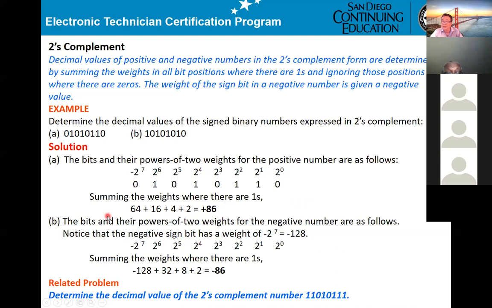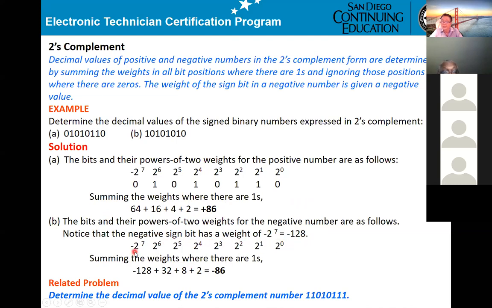And now, the only thing is we really deal with a negative. The bits and their power of 2 weight for the negative number are as follows. Notice that the negative sign bit has a weight of minus 128.